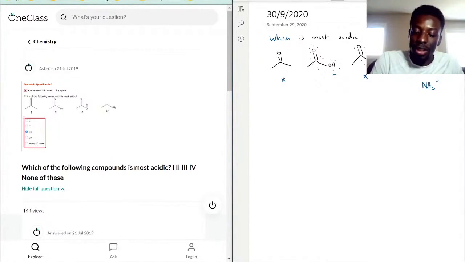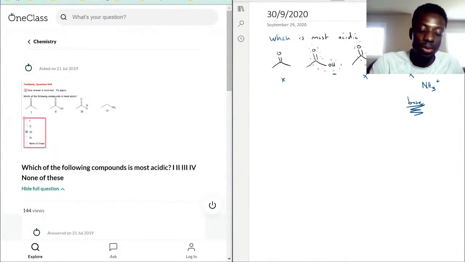This right here is ammonium, and that's what it likes to do. Because it likes to take a hydrogen instead of giving it away, that makes this a base. This will be basic. So this is no longer a contender.